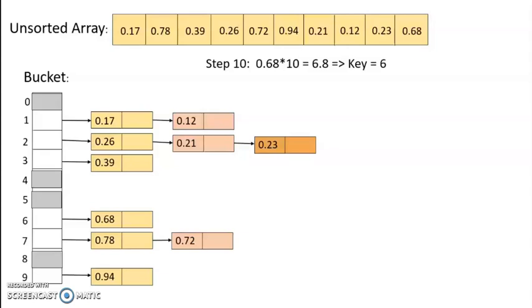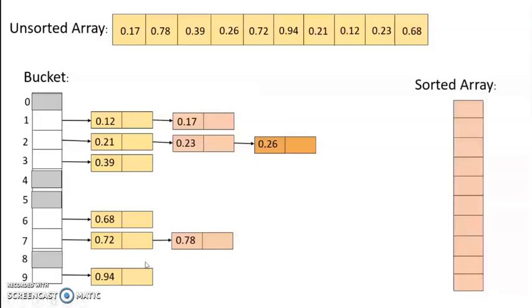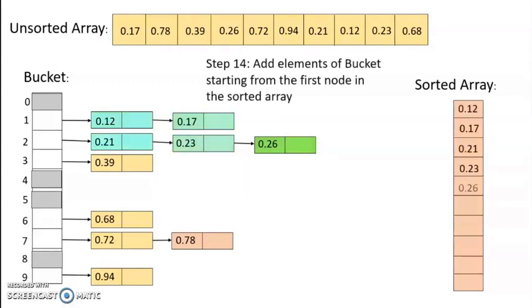Now, when all the buckets are sorted, we just need to create an array, starting from the first element to the element of the last bucket. So we will one by one assign these elements to the sorted array, and we will have the sorted array at the end.